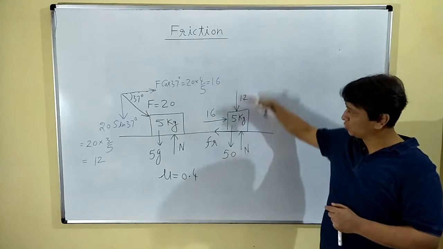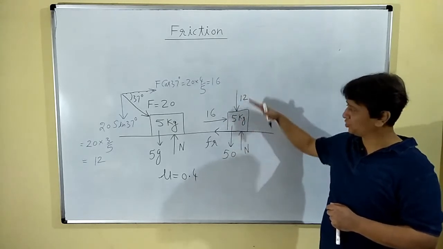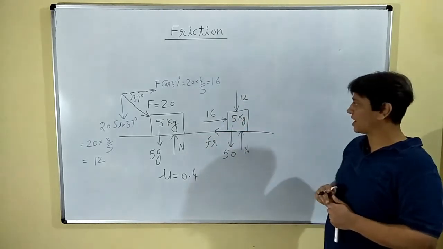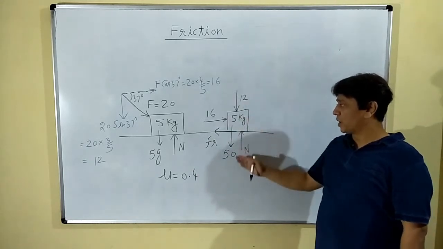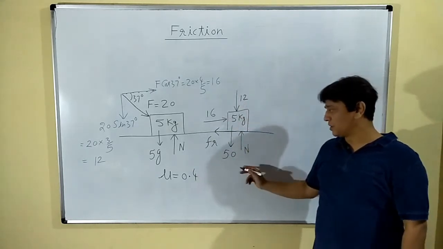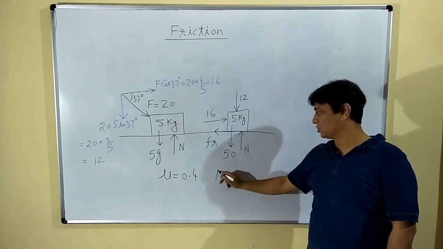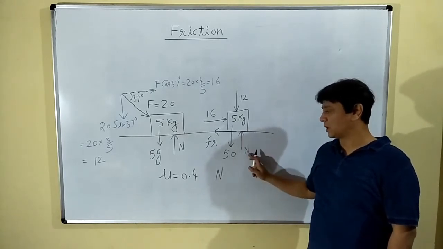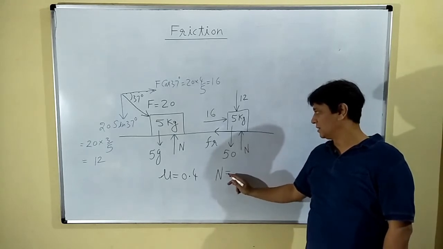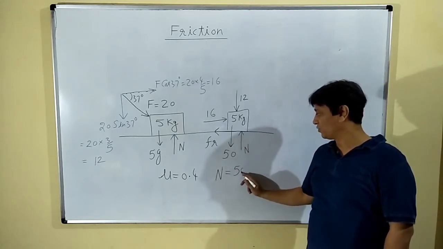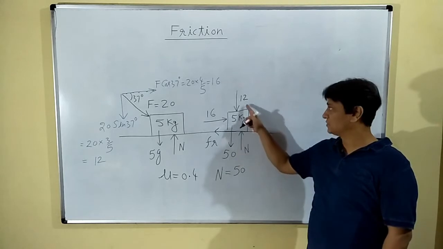There is no way you can move it in vertical direction because of this horizontal table. If there is no way you can move it vertically, तो हमने क्या बोला? vertical forces क्या हो जाएंगे? Balance. किस तरह से balance होंगे? Upward force is what? N. And this N is balancing what? 50 as well as 12.